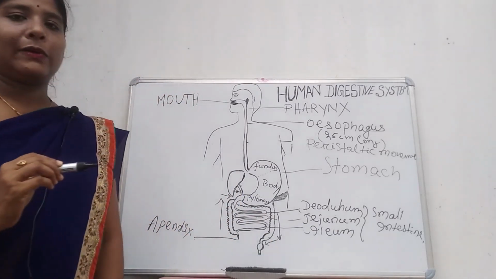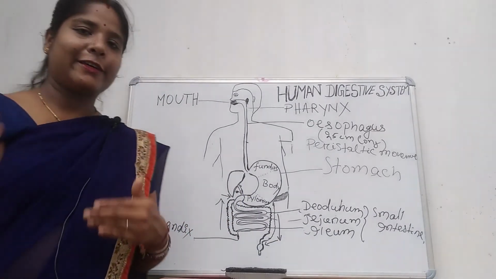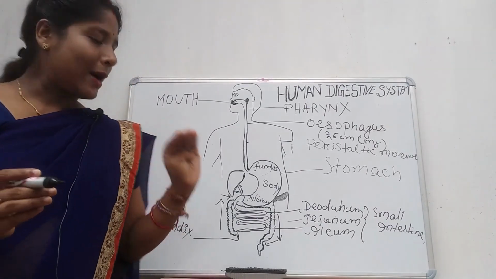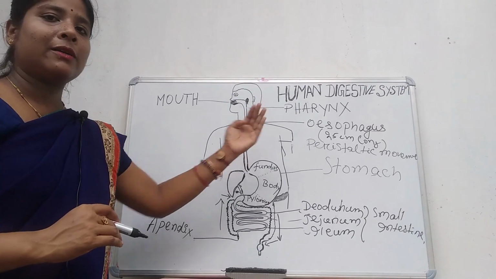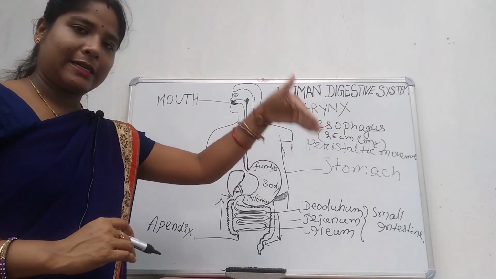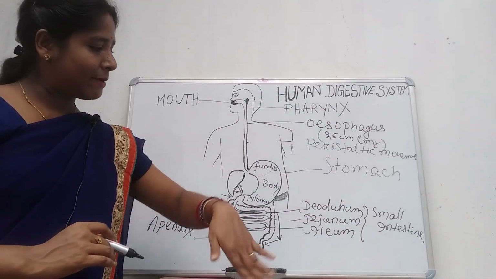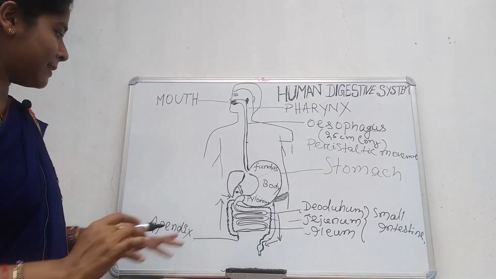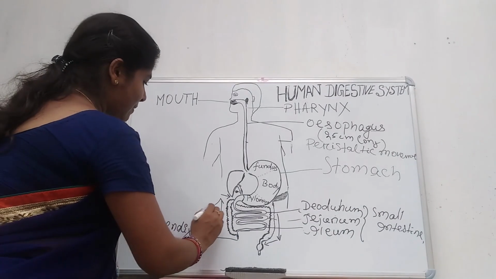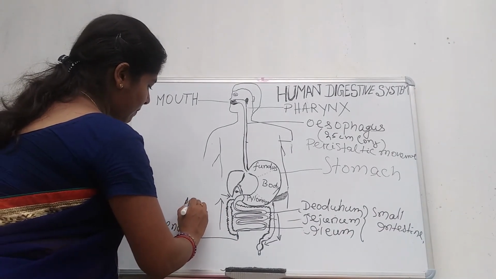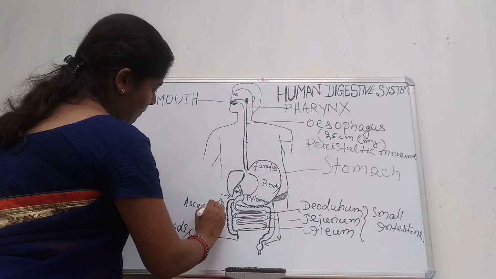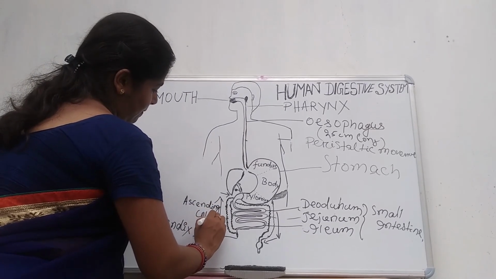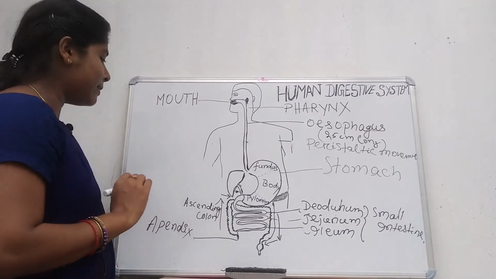Sigmoid colon. The large intestine, otherwise known as the colon, is divided into 4 parts: the ascending colon, transverse colon, descending colon and sigmoid colon. See here, this part is called the ascending colon.